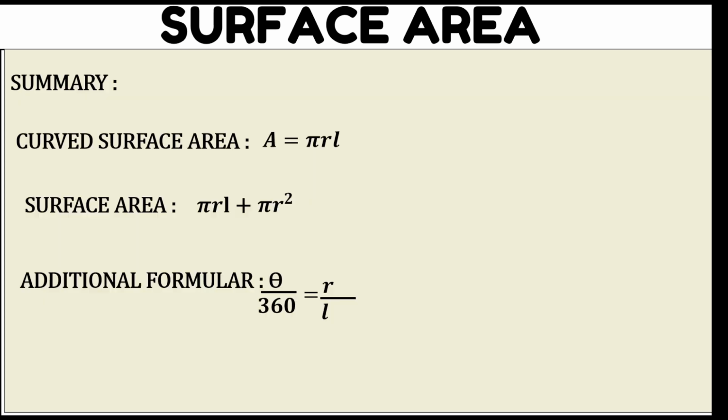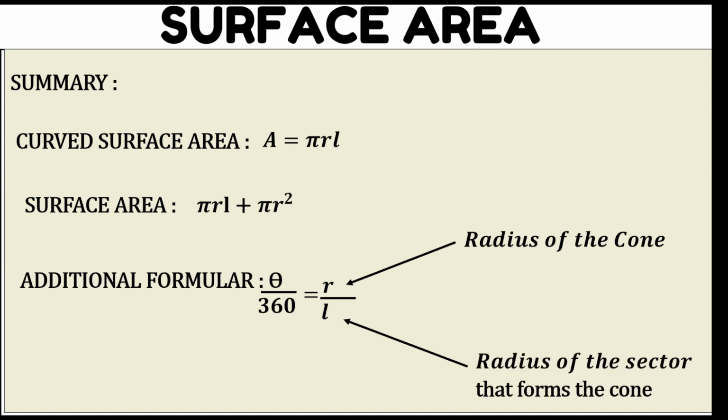In summary, the curved surface area of a cone is pi RL, and the total surface area of a cone is pi RL plus pi r square. We have this additional formula, theta over 360 equals r over L. The r here is the radius of the cone, and the L is the radius of the sector that forms the cone.